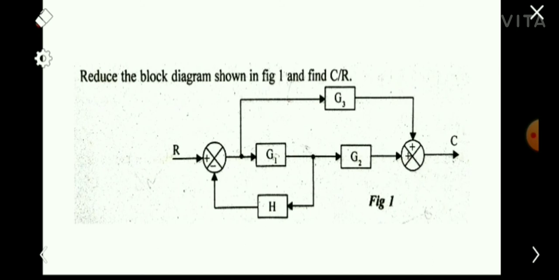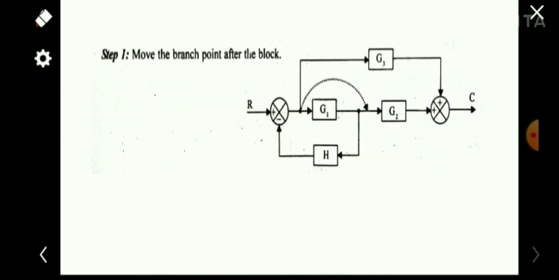So if you can move this branch point ahead of this block G, we will get a simple loop here and a simple loop here, that we can see. That is, if you are moving this branch point from this point to here, what happens?